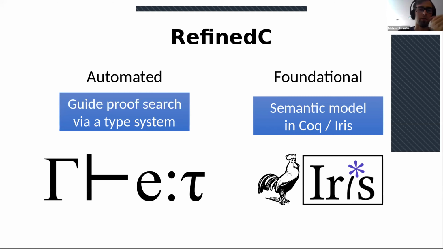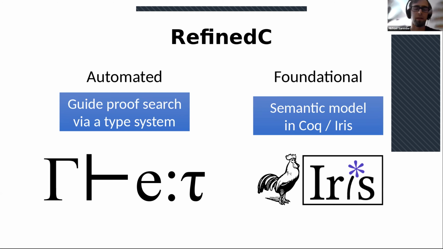And for the automation part, the idea is not to try to automate Iris or raw separation logic directly, but instead to build a type system on top of Iris, inspired by RustBelt, and then build the proof search procedure as a form of type checking for this type system.